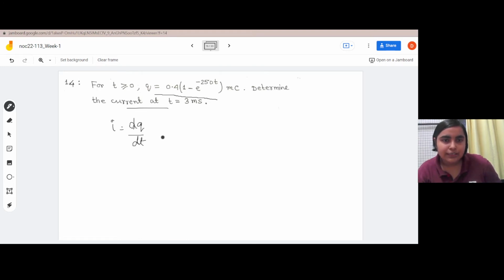So can you quickly solve the question? You have to determine the current at a specific time that is given. Can you quickly solve this and let me know the answer?